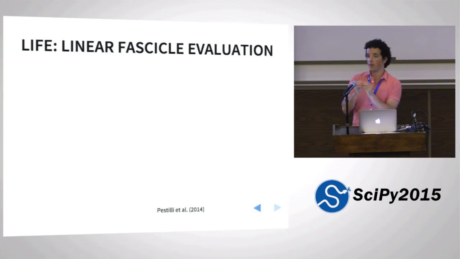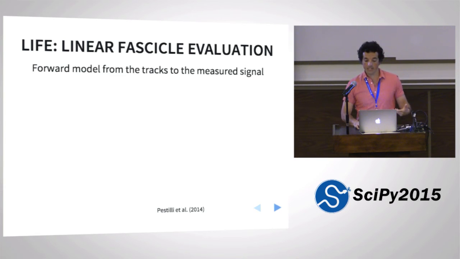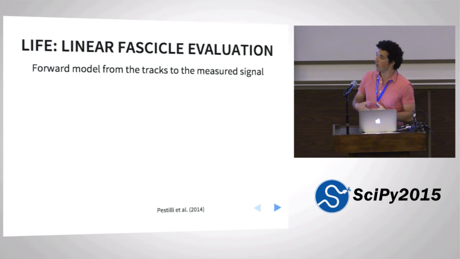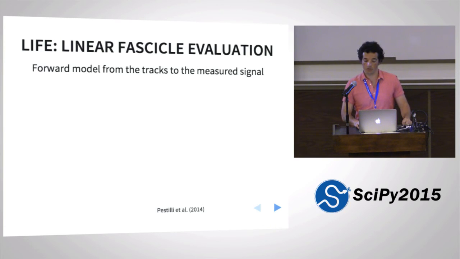So previously I was talking about cross-validation of individual voxel signals. In this case, we construct a forward model from the tracks to the measured signal to estimate the match of the signal as predicted from these tracks with the actual measured signal.